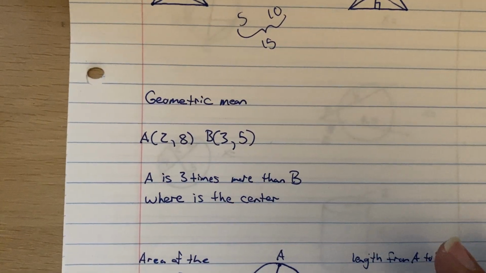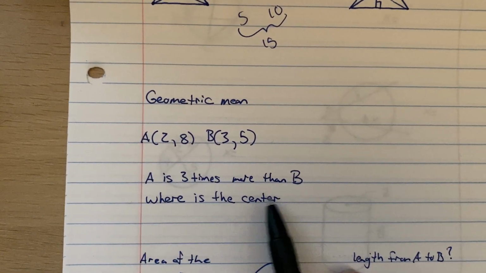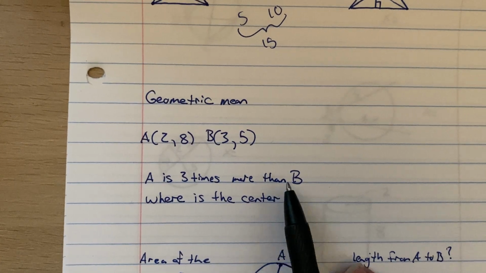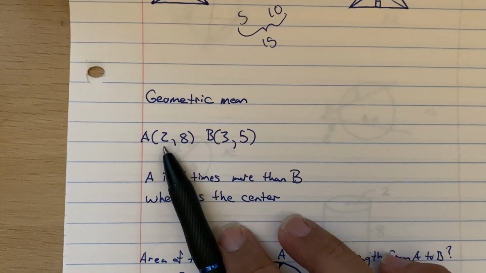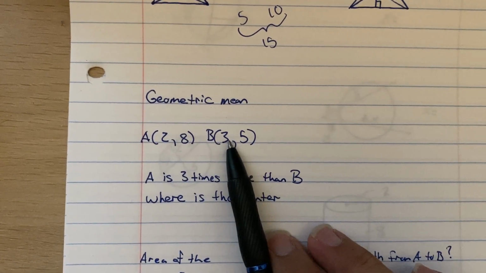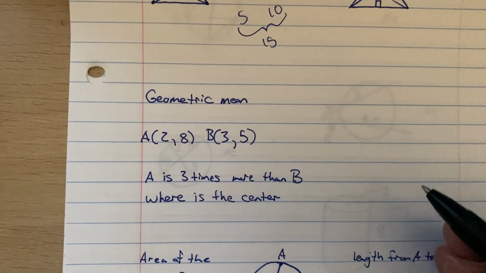Okay, so geometric mean. So what if A was 3 times more than B? Where's the center? Okay, so you're putting more weight on A. So if this is 3 times more, this is 1 out of 4. There's 4 scenarios happening, 4 pieces of weight.